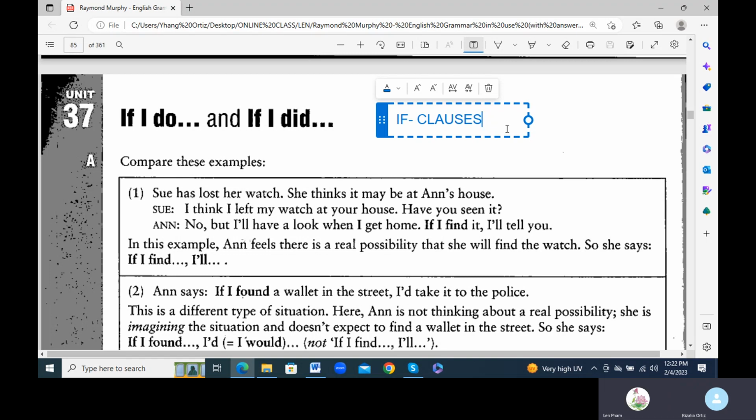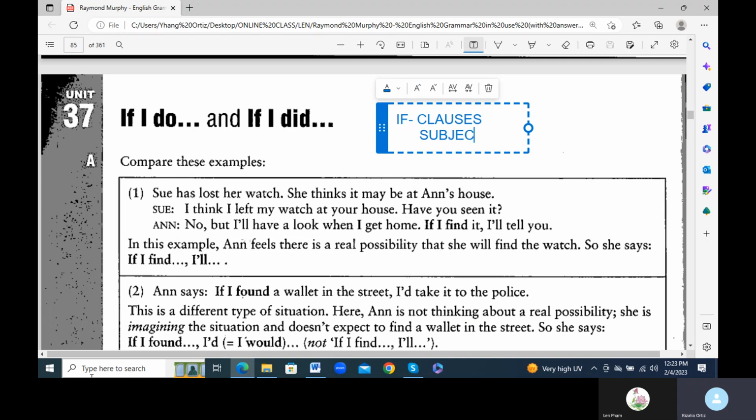Clauses are composed of a subject and a verb.